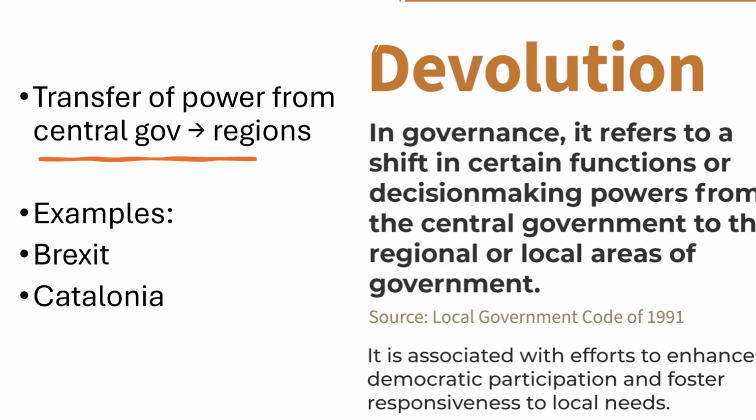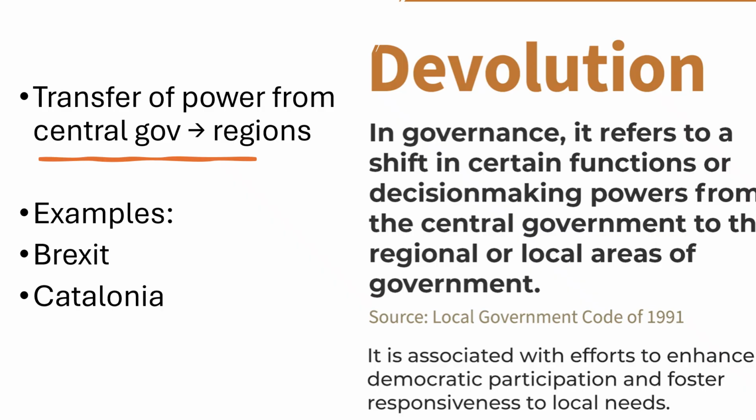Now, devolution is the transfer of power. You're taking power from the central government and you're taking it down to the subregions. It's a shift in decision-making functions to lower levels of government. Examples are Brexit, when the United Kingdom left the European Union.